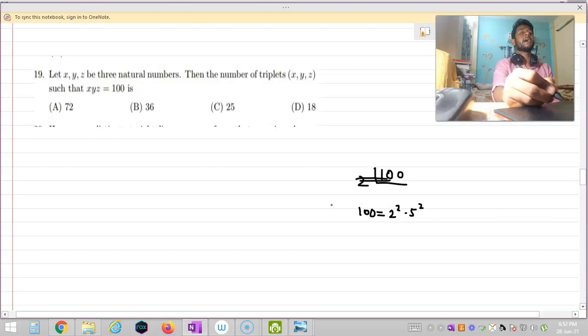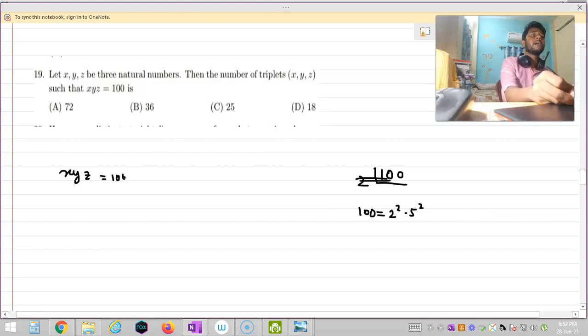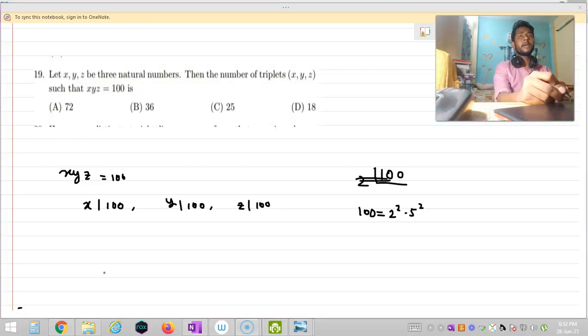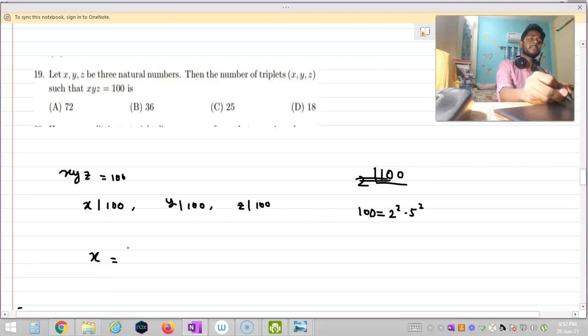Now, as xyz is equal to 100, I can say that x divides 100, y divides 100 and z divides 100. As x divides 100, if I try to find the prime factorization of x, it will look like x = 2^x1 × 5^y1.